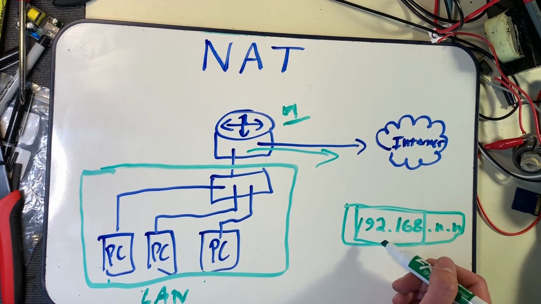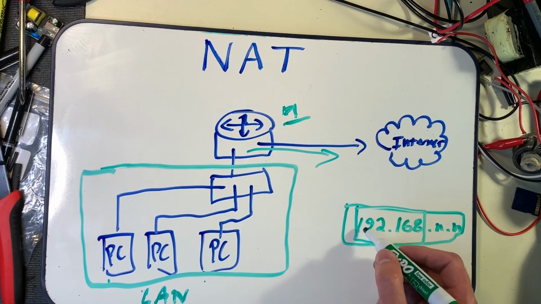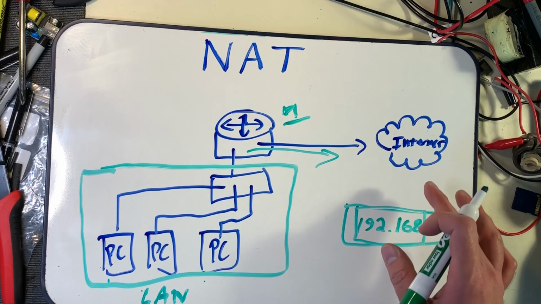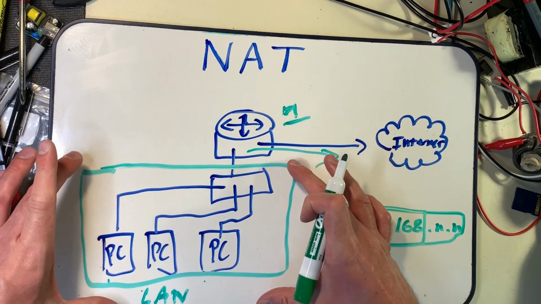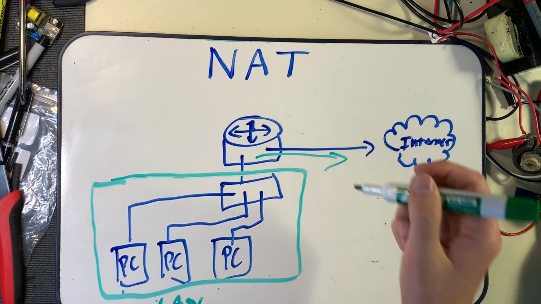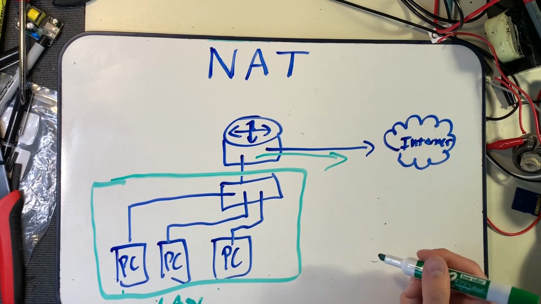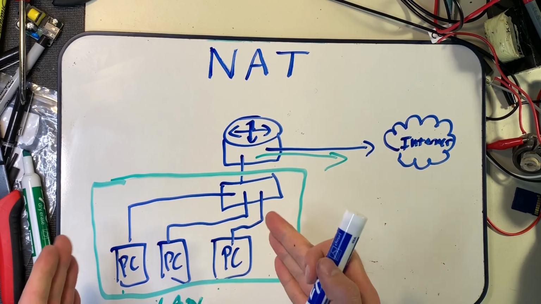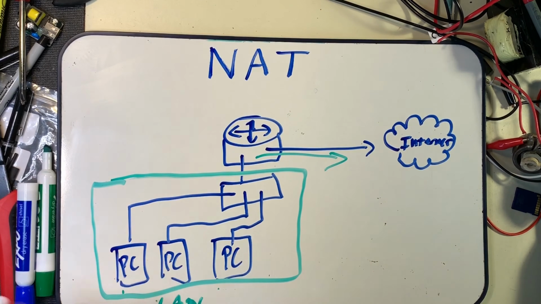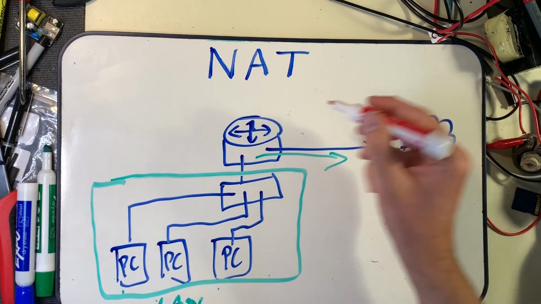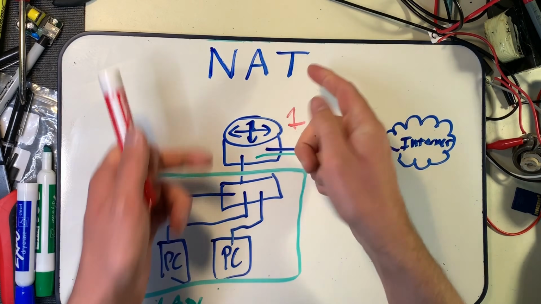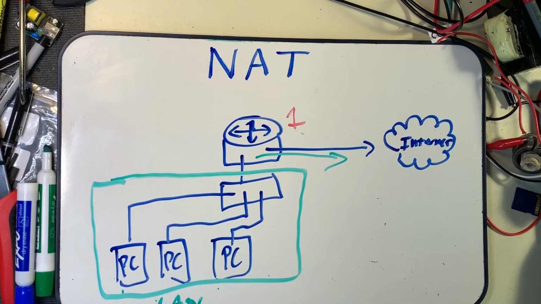So if you try to connect your computer to an IP address 192.168.something.something, it's not going to route it through the internet. It's only going to be contained within a LAN. What happens instead is your router is going to take information from this LAN and send it out through the single shared IP address. And the way it's able to do that is through a process called network address translation.